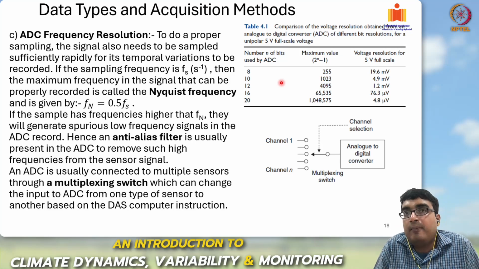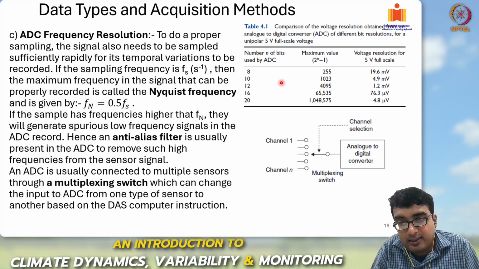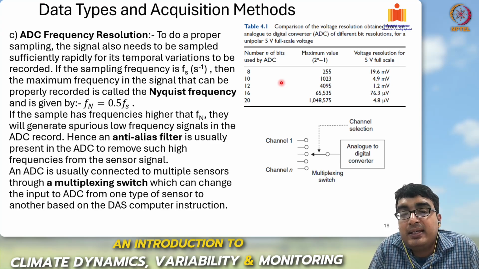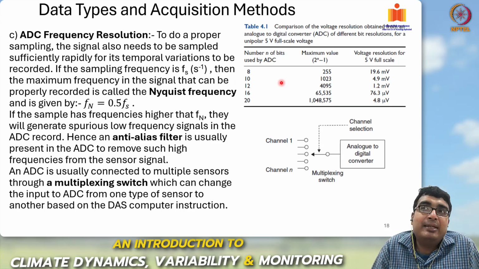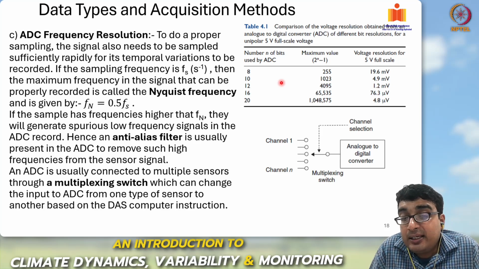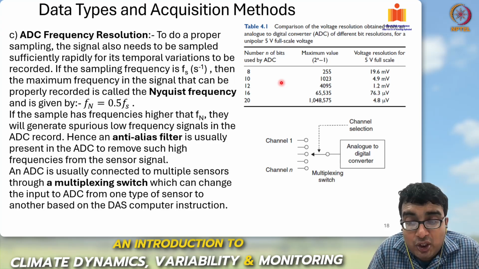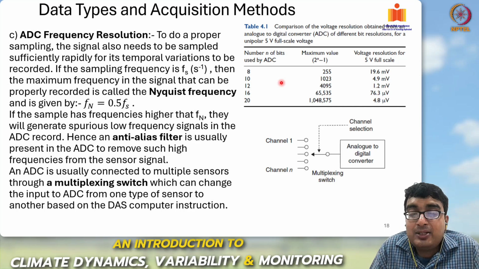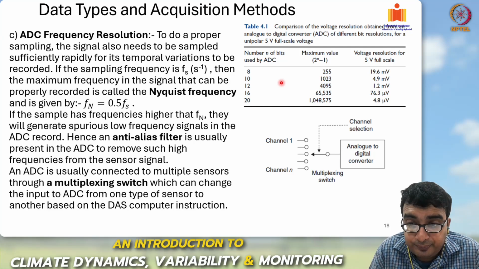And of course, if the main set of frequencies in your sensor is greater than the Nyquist frequency, then you should have an ADC with a higher sampling rate. Okay. An ADC is usually connected to multiple sensors using a multiplexing switch, which can change the input to the ADC from one type of sensor to another based on the data acquisition system computer instruction.